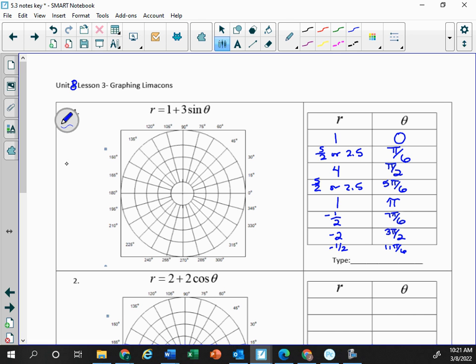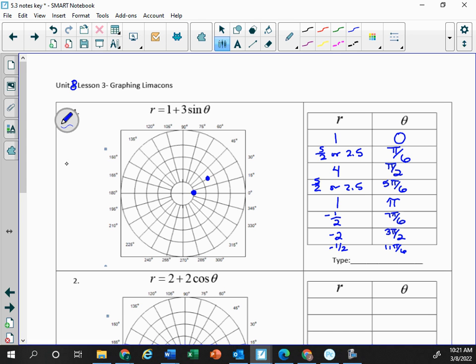All right, let's plot some points. So r value of 1, theta of 0. That is right there. All right, 2.5 or 5/2. So I count out 2.5 and then pi over 6. That's 30 degrees. Feel free to relabel those with radians if that makes you happier.